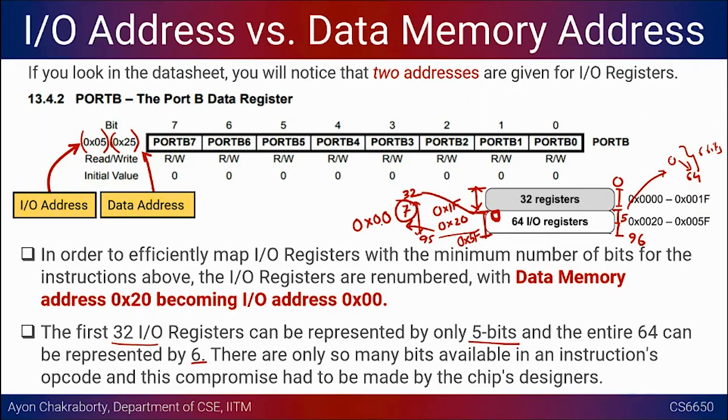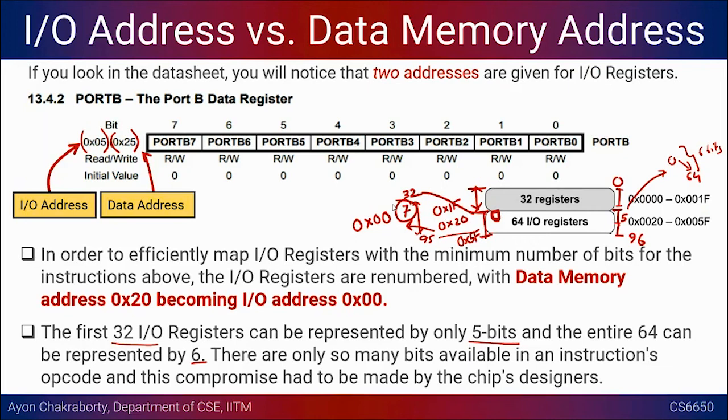Whereas we actually saved 1 bit, and this is somewhat important in optimizing the number of bits that are being used in these instructions, right? So that is how we can save 1 bit, and that is the optimization that is being done with these input output registers, because there are so many input output devices and peripherals that we need to connect.